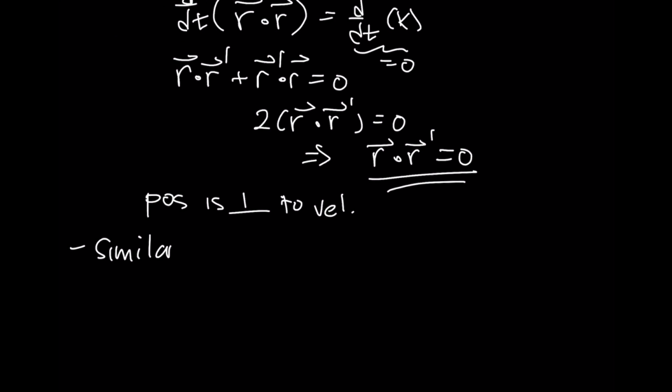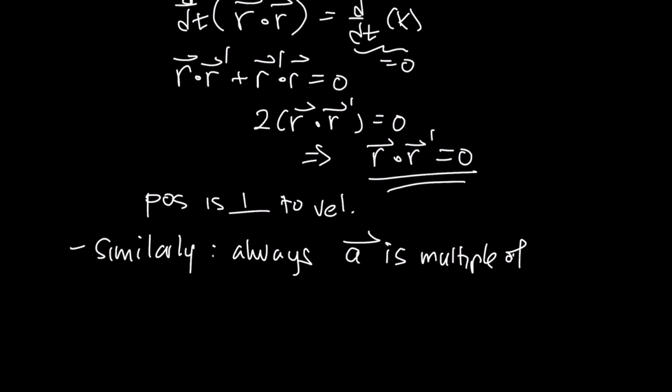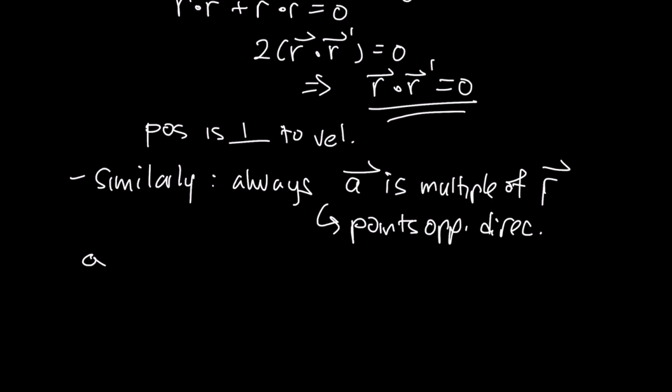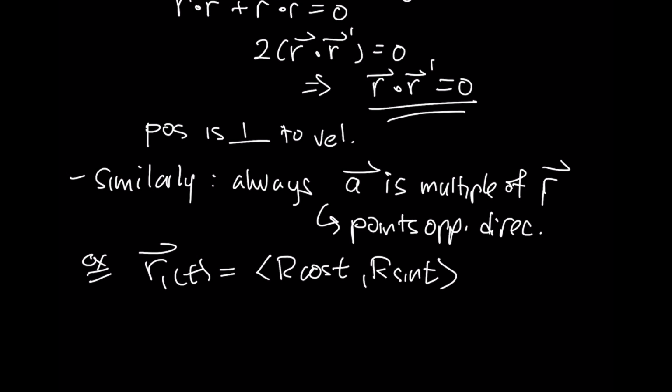Similarly, the acceleration is a multiple of the position vector, but it points in the opposite direction. So for example, in the first parameterization, we had r cos t, r sine t, and when we talked about the acceleration, we had a negative r cos t and a negative r sine t.